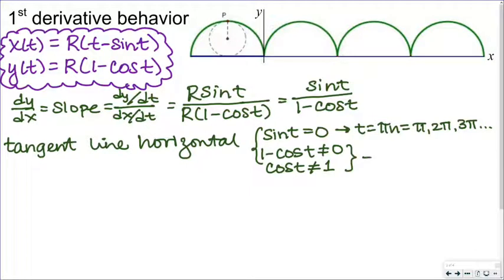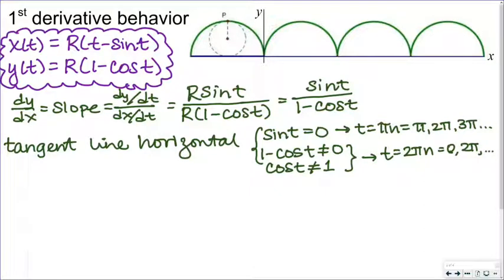So cosine t is 1 at 2 pi n, so even multiples of pi. So 0, 2 pi, and so on.